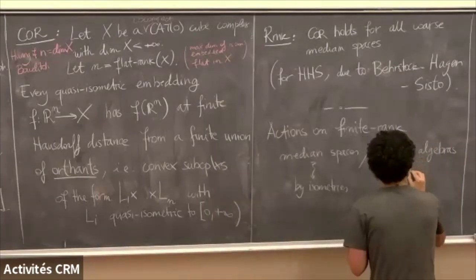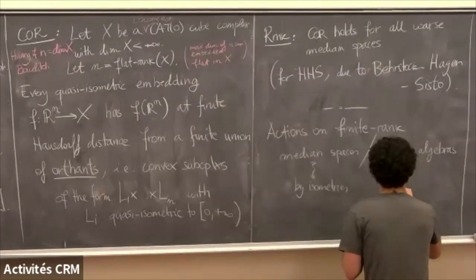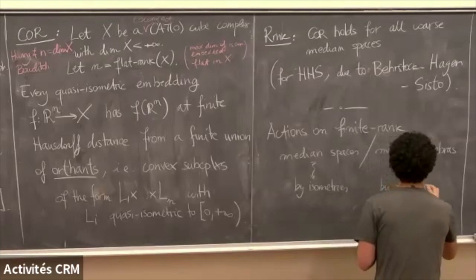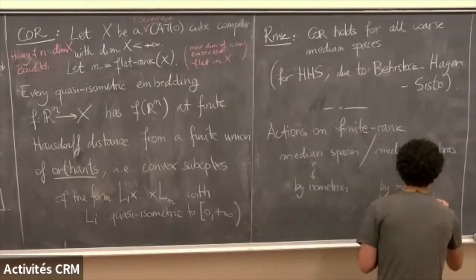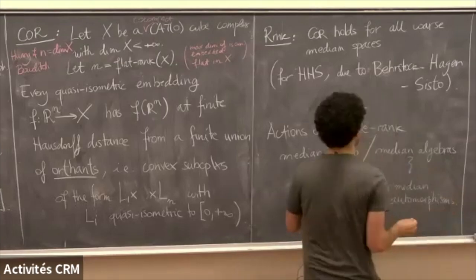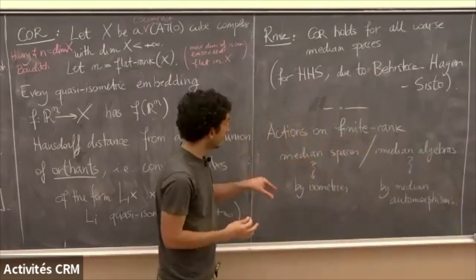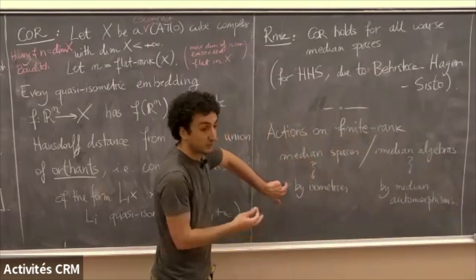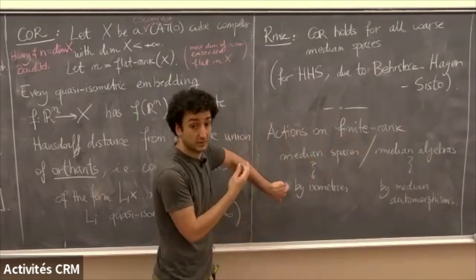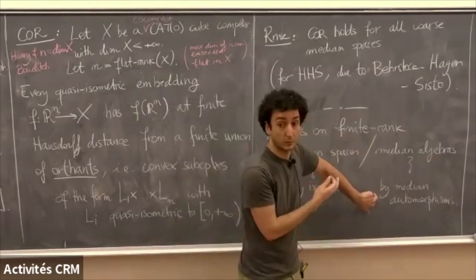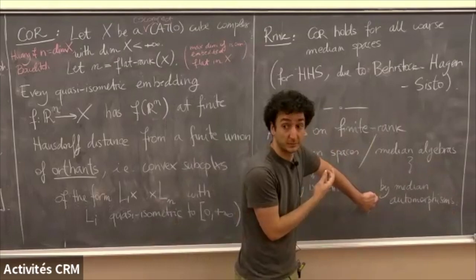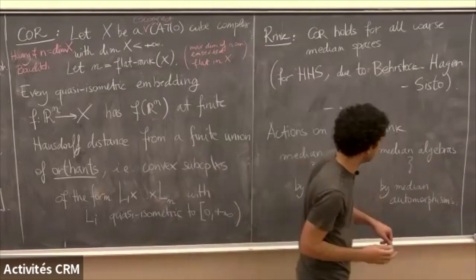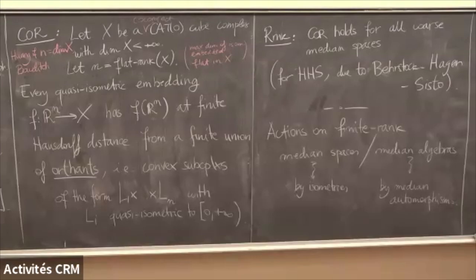Actions on median algebras I'll just assume to be by median automorphisms, right? So just by bijections that preserve the median. And so as an example, if you take the real line as a median space, the isometry group is just translations and reflections, but as a median algebra, the group of automorphisms is all homeomorphisms. So this is quite a different concept.